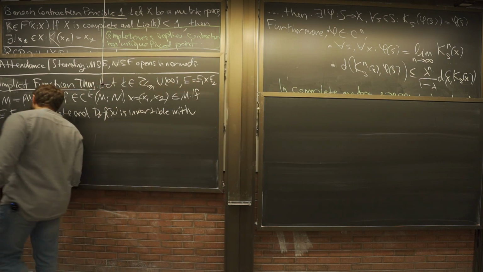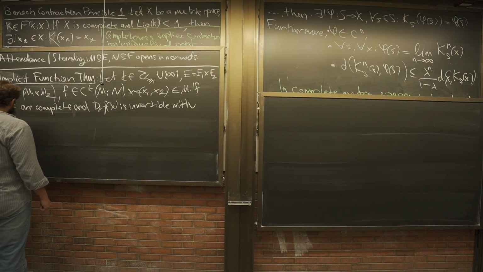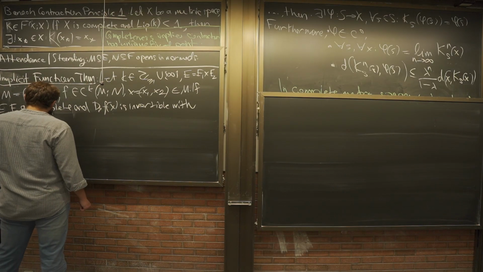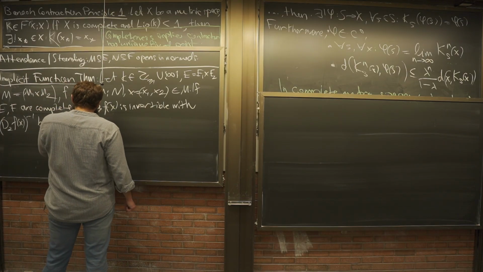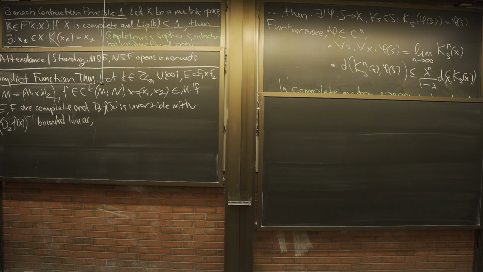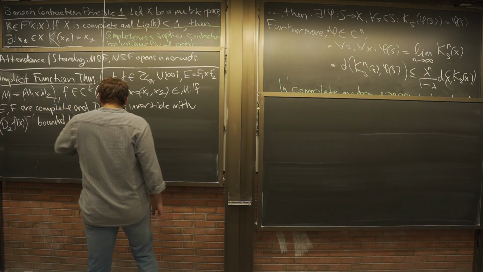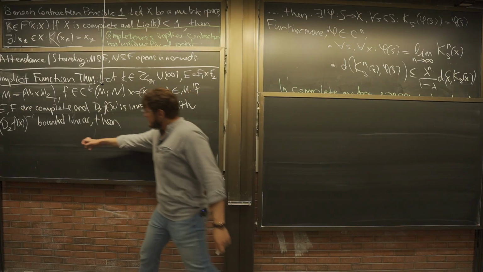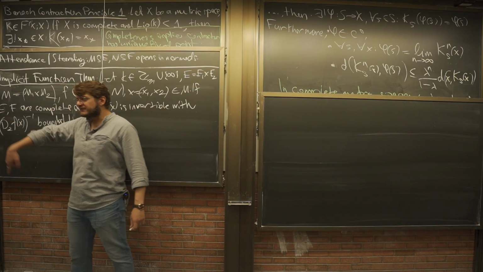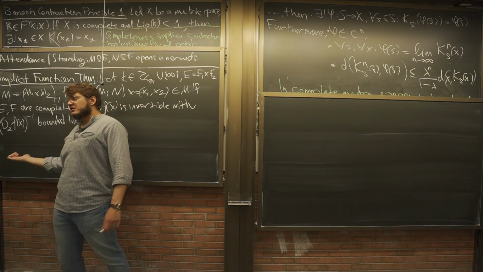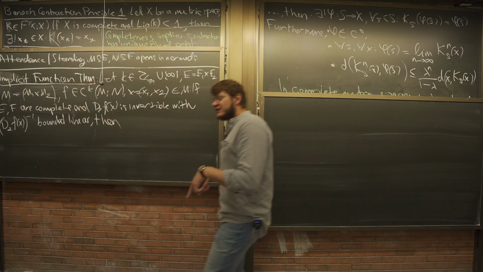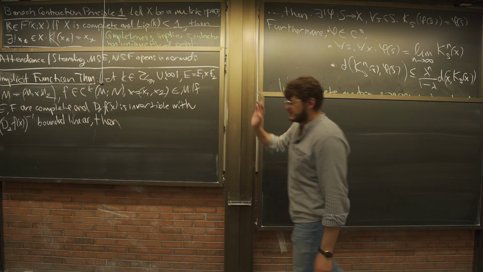Then, right, this second partial being invertible was the necessary condition for the implicit function theorem. We were just saying the necessary condition is sufficient, assuming completeness.